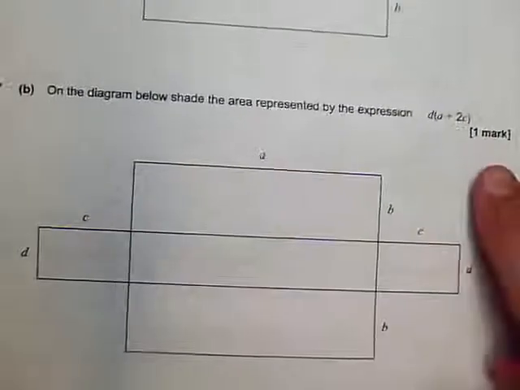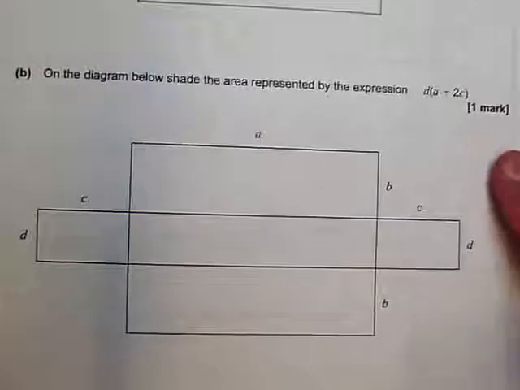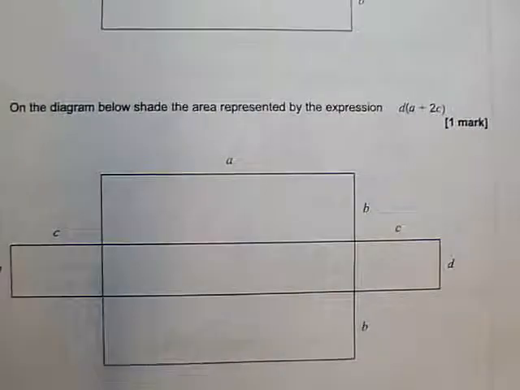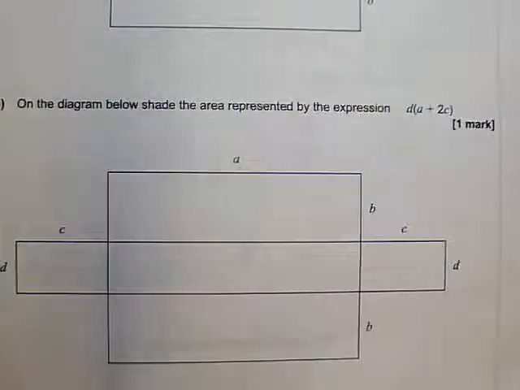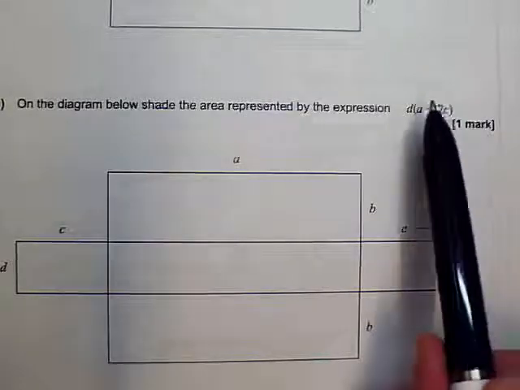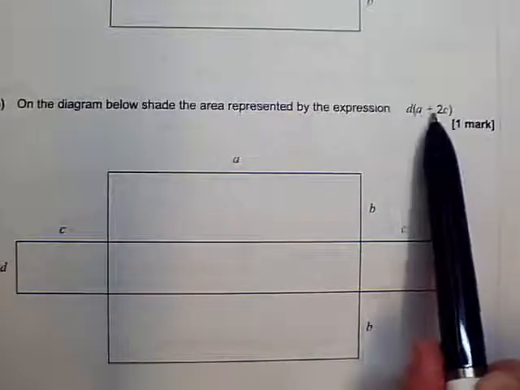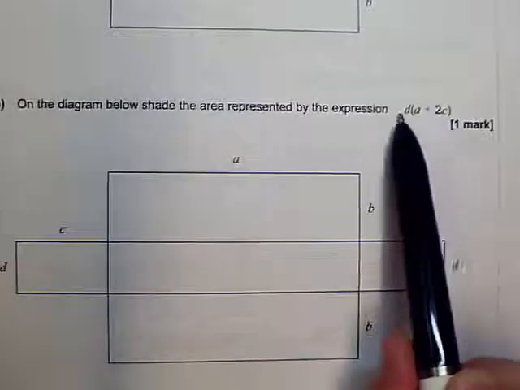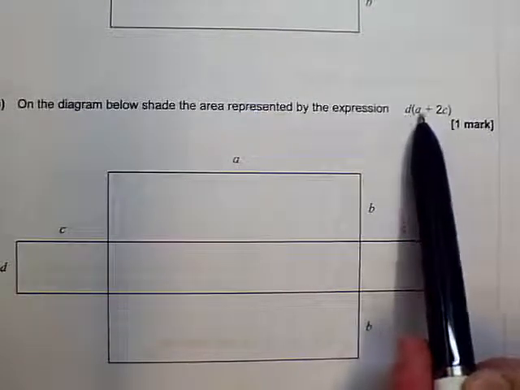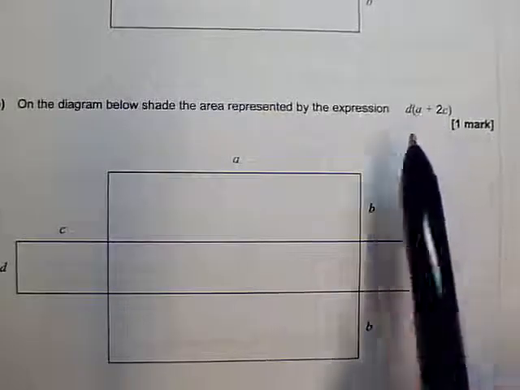In part B, it says shade an area represented by the expression D brackets A plus 2C. So this sounds much more complicated. If you think about it, whatever is in the brackets gets multiplied by D. So let's look at the brackets first.